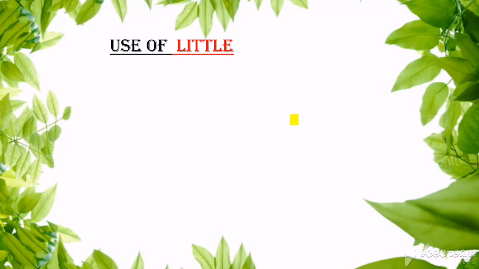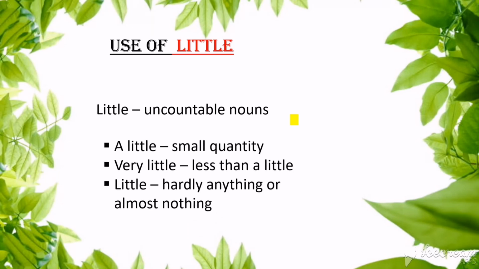Now, use of little. How little is used along with countable and uncountable nouns. Little is a word used only with uncountable nouns, whereas few is used with countable nouns.